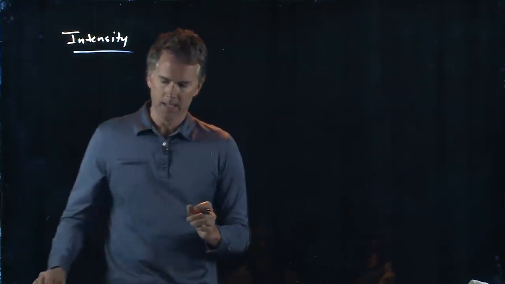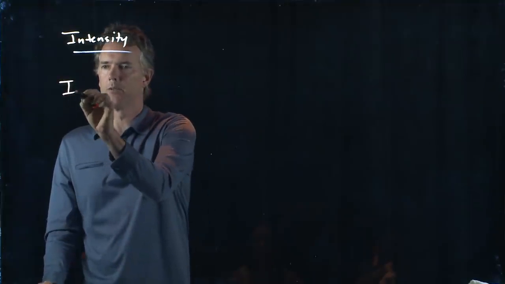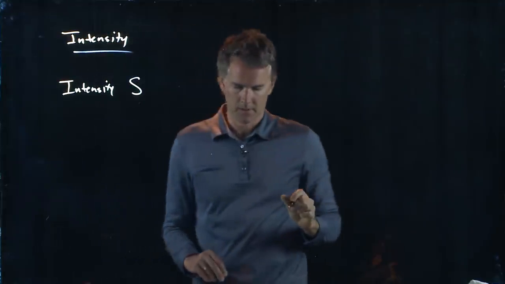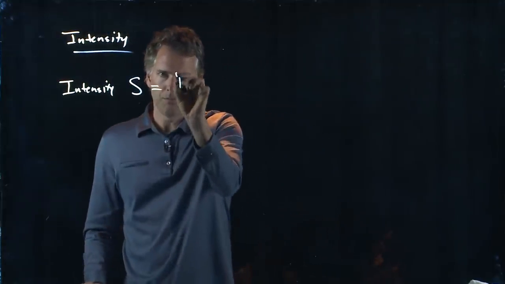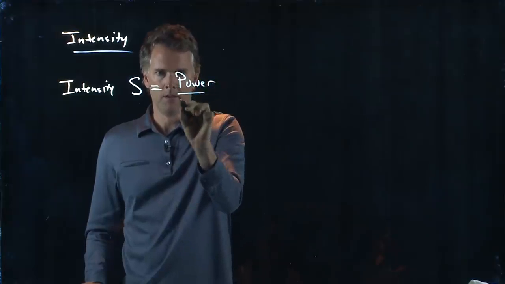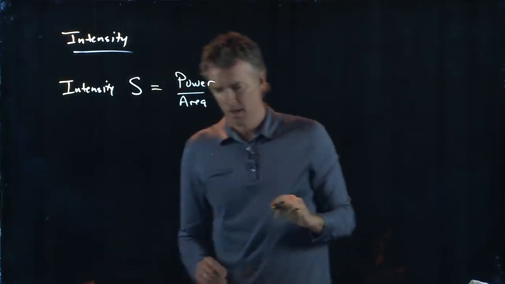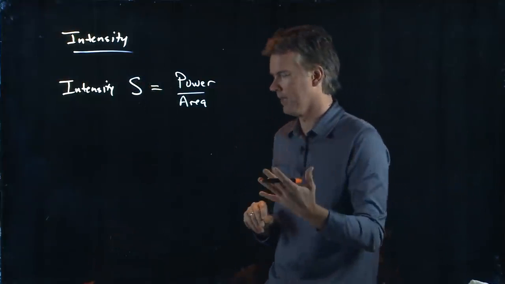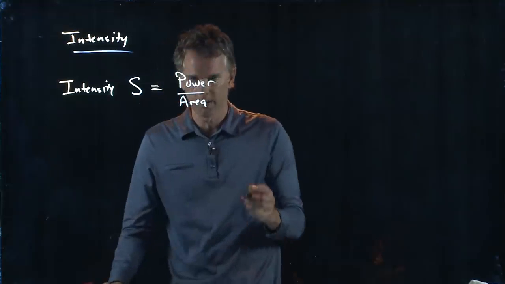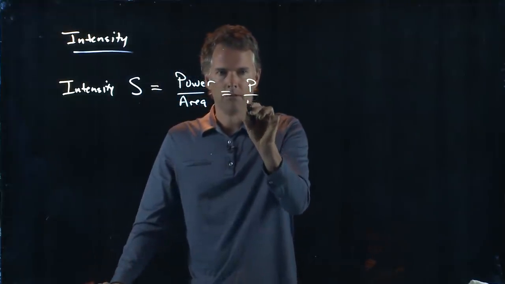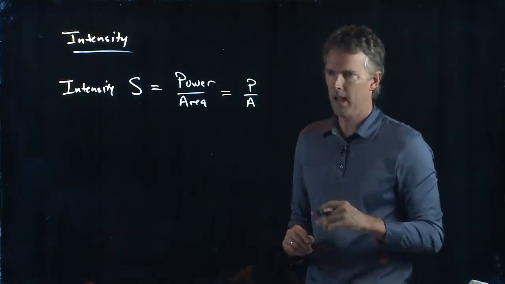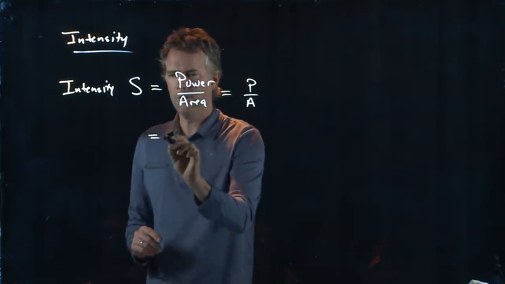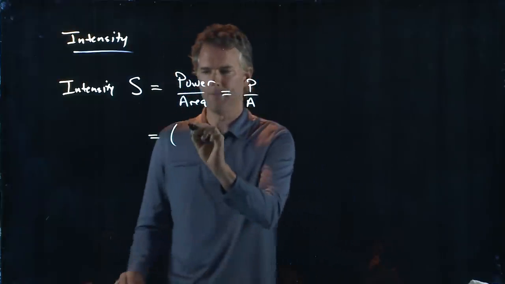So let's talk about intensity. Intensity we actually are going to write with an S, okay? And S is power divided by area. The reason that we use an S is this comes from something called the pointing vector, and the pointing vector traditionally they use an S. So power is P, area is A, but we know that power is energy per time.